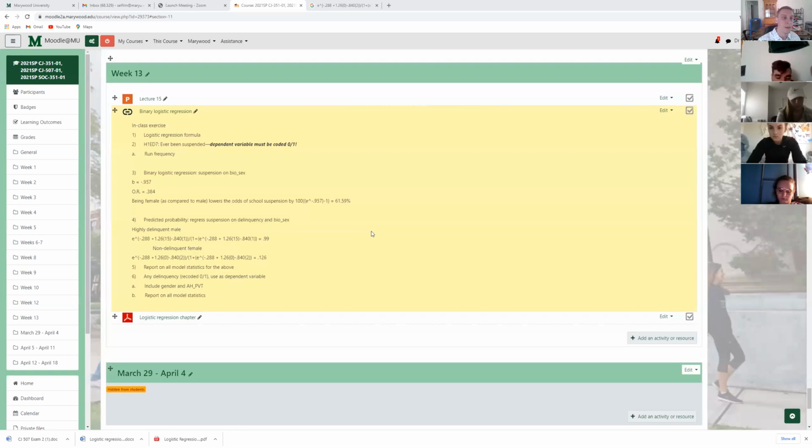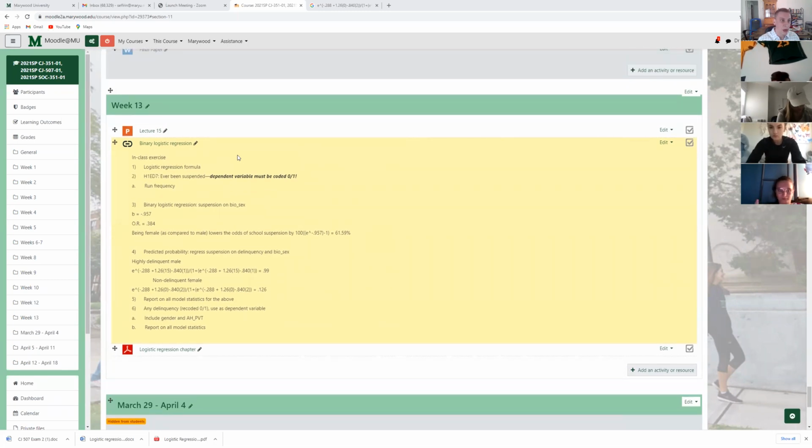What we're going to do in SPSS is take a look at the variable H1ED7, ever suspended from school, and we're going to look at the effect that gender has on this outcome.